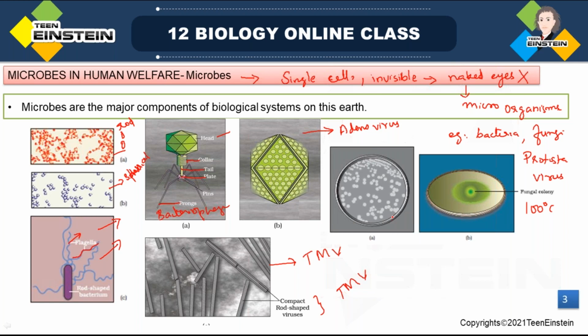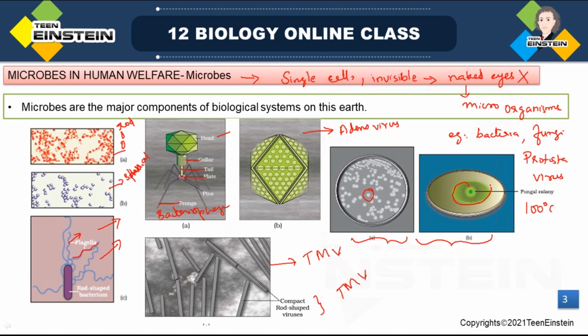You can see here the colonies. What is this? The colonies of microorganisms. Bacteria, fungi and all you can see as colonies, and they can grow in nutritive media also. These are the colonies.